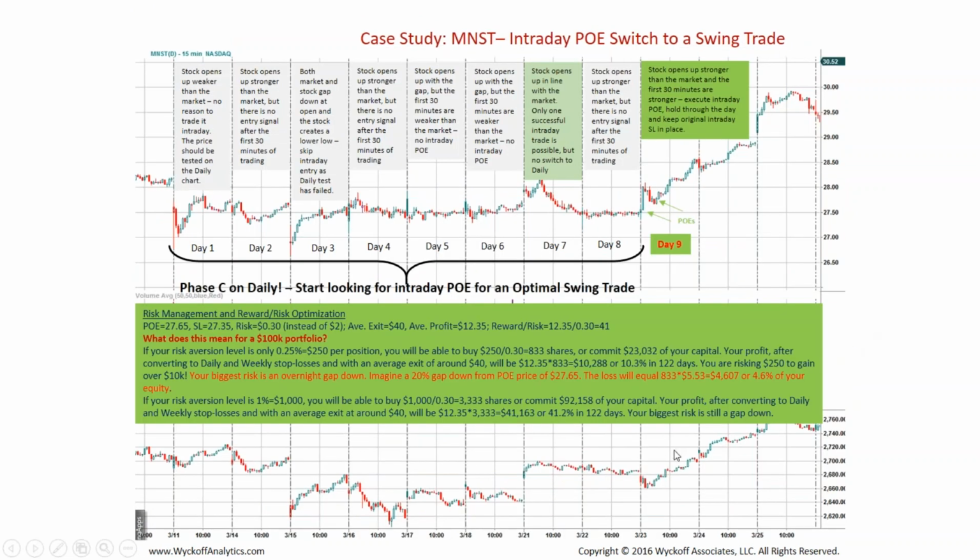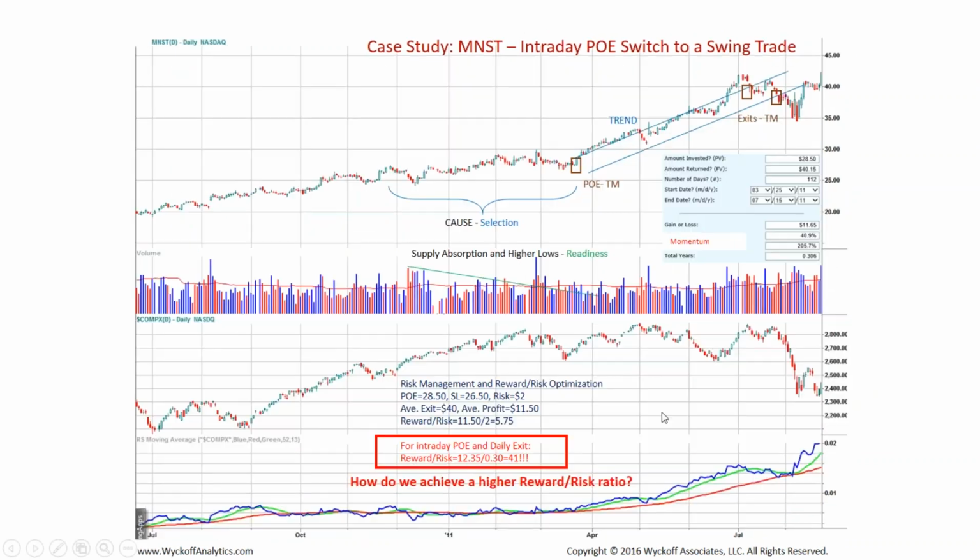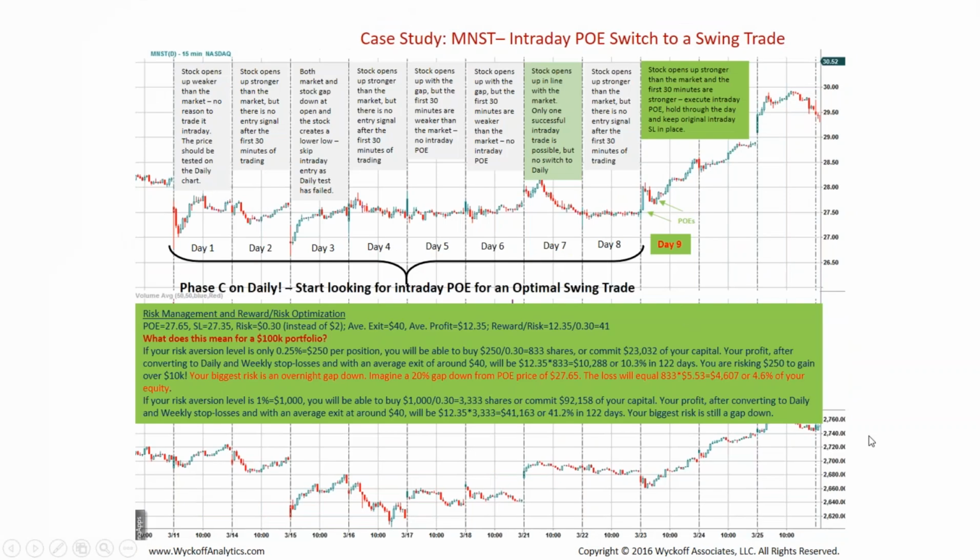And it all starts with understanding the structure, the long-term structure, like this: stepping stone, prior leadership, resumption of the leadership, intraday entry, keeping the position on until it's done, and creating a very sizable position based on the initial risk, which is very acceptable to us.